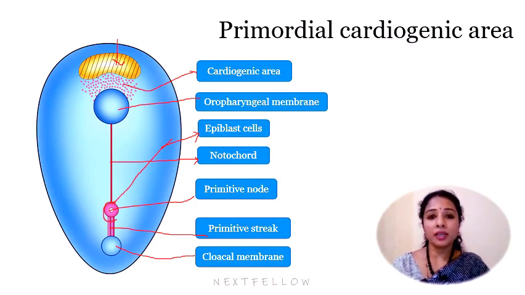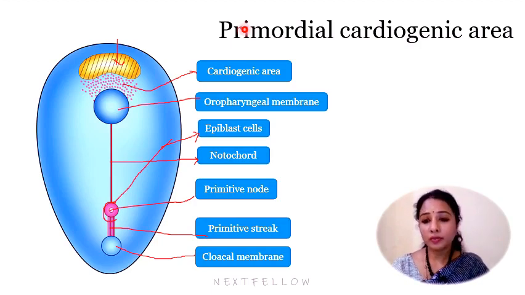Once the cells are established in the cardiogenic area, the underlying pharyngeal endoderm induces these cells to differentiate as myoblasts and blood islands. The underlying pharyngeal endoderm is near the cardiogenic area, that is this area. So here the cells will differentiate to form myoblast cells which form the heart endothelium, and also the blood islands that will form the blood vessels and blood.